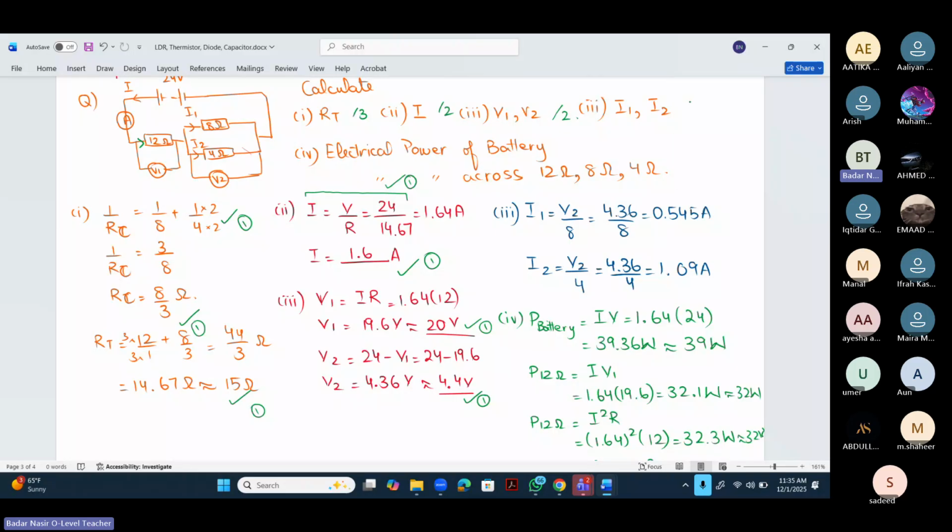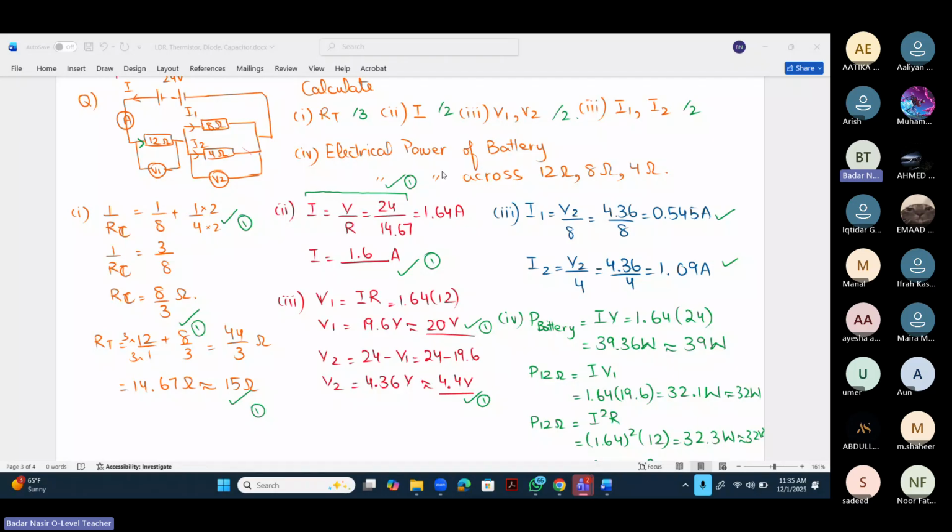Similarly, 1 mark absolute for the currents I1 and I2. See, I1 and I2 are for the 8 ohm and 4 ohm resistors. The 8 ohm and the 4 ohm resistors are both in parallel.